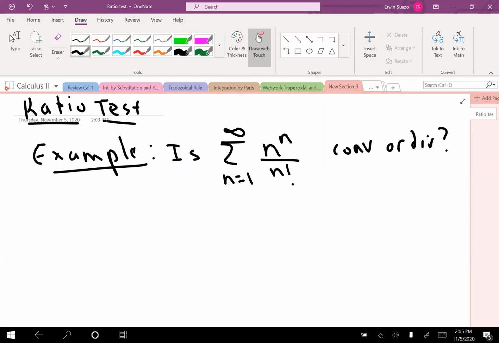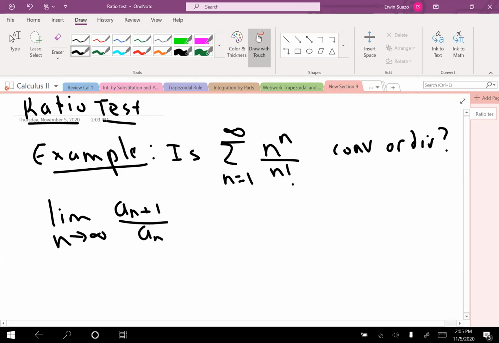So remember, to use the ratio test, I need to find the limit of a_(n+1) over a_n, as n goes to infinity. And if this limit is L, and if it's less than 1, the series is absolutely convergent.